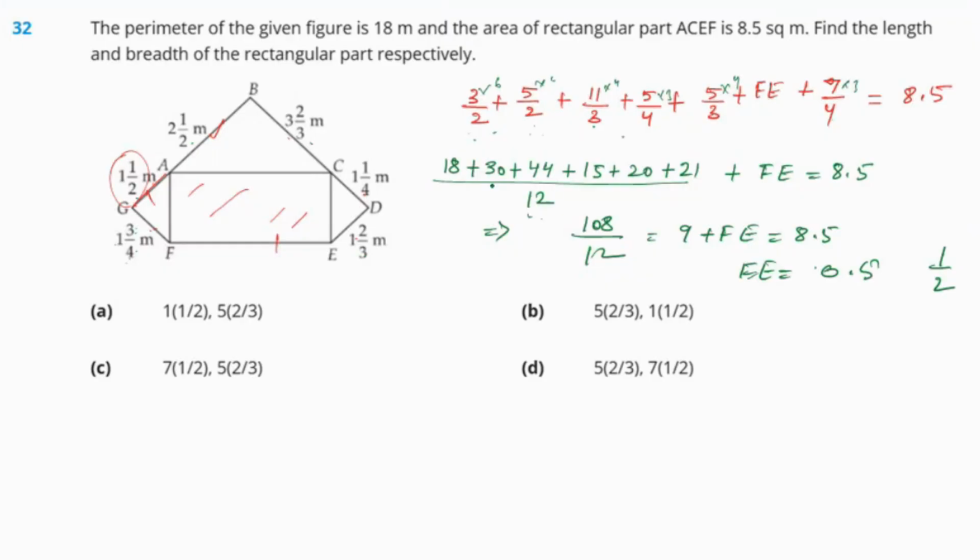So when we add all of them together, 30 plus 18 plus 44 plus 15 plus 20 and plus 21, the sum we get is 148. Here we are getting 148 by 12. And when we divide 148 by 12, we get 12 whole 4 by 12, which means 1 by 3.